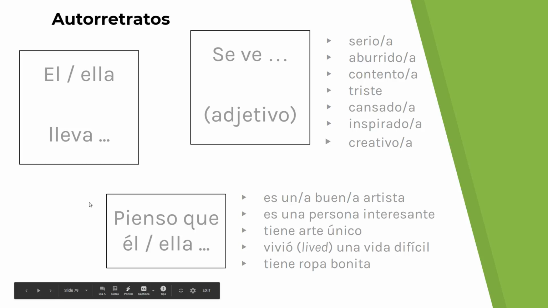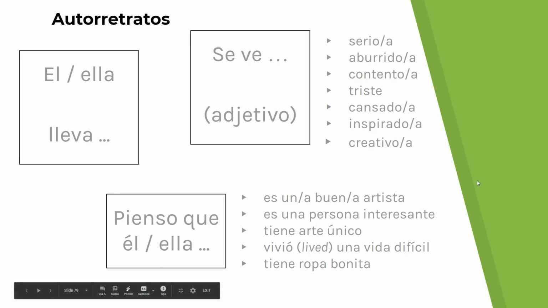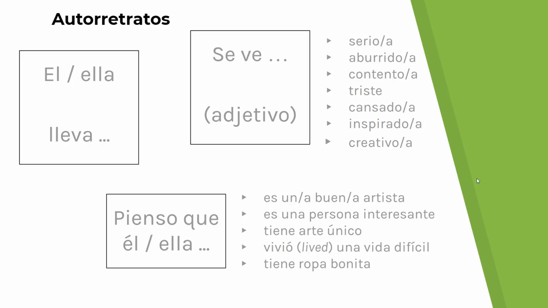Lastly, we're going to be commenting on what we think about this person. Pienso que él, pienso que ella es un buen artista. Pienso que él o ella es una persona interesante. Pienso que él tiene arte único. Único is unique.